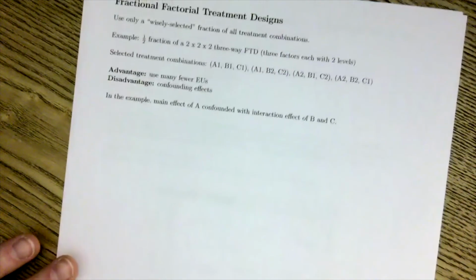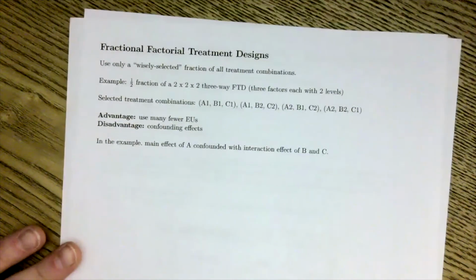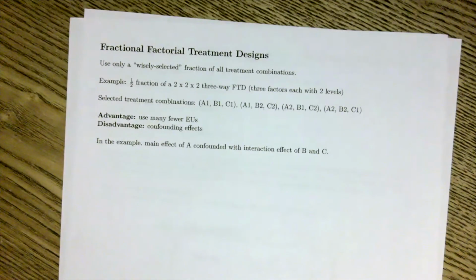There are extensions to factorial designs, which we briefly mentioned in Lesson 7A, and it's called a fractional factorial treatment design. Pretty much what it is, it takes a full factorial design, and then it gets half or various combinations.